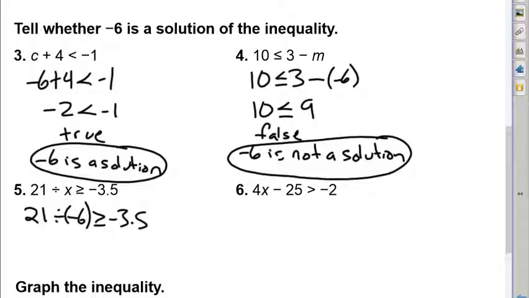It goes in 3 times to make 18 with a remainder of 3. So it's negative 3 and 3/6, or negative 3.5, which is not greater than, but it is equal to negative 3.5. And again, we can say, yes, negative 6 is a solution.